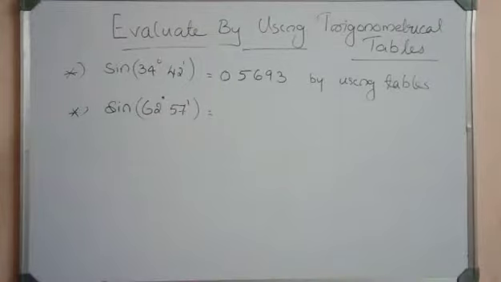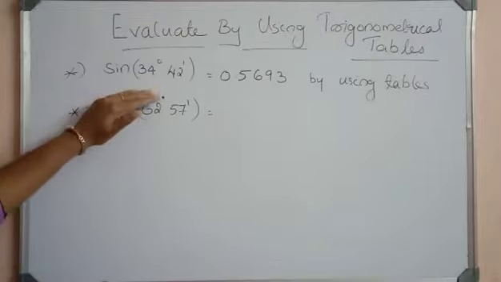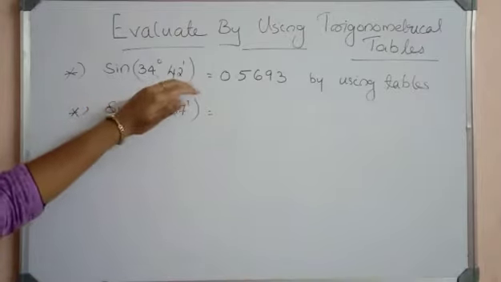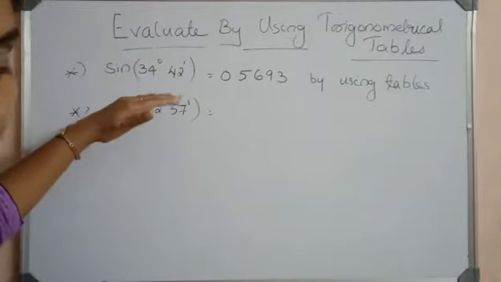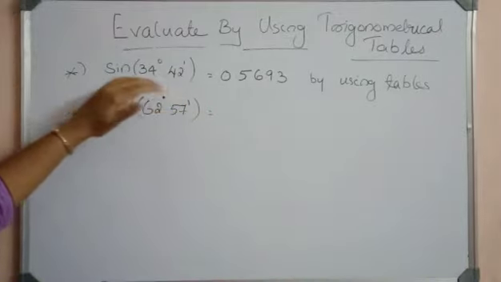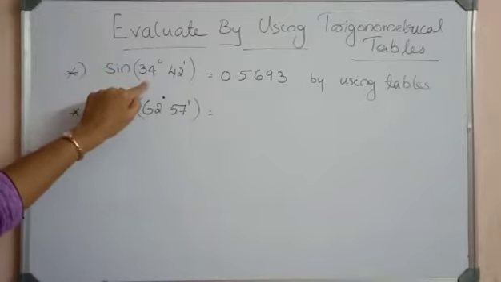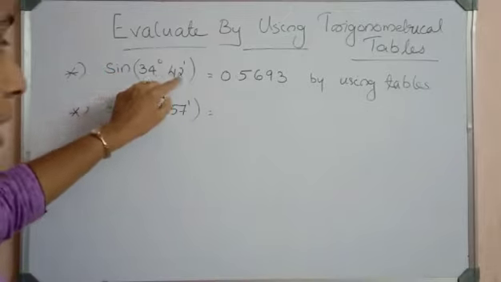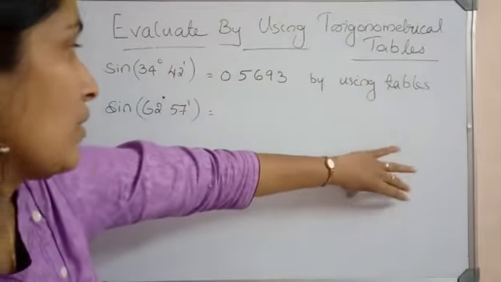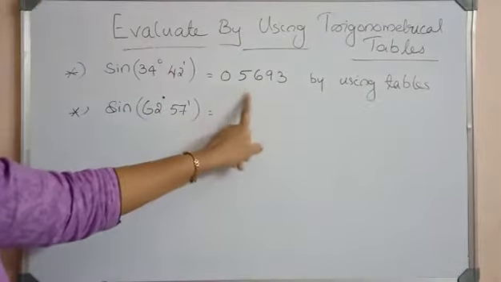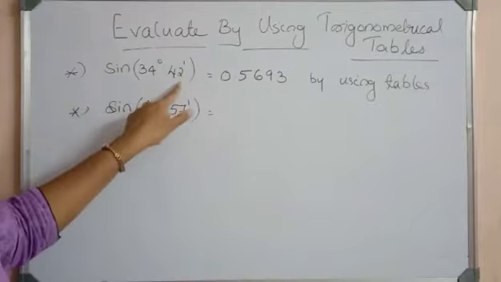Now, let's find the values of a few trigonometrical ratios by using the tables. Consider the first question, sine 34 degree 42 minutes. As I have explained earlier, you have to see the number in the row against 34 degree and in the column headed by 42 minutes. That will be the value of sine 34 degree 42 minutes.